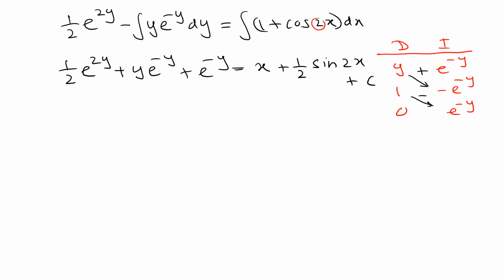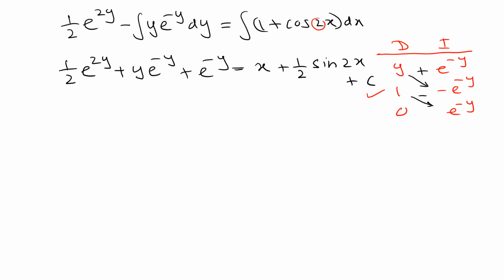Next what we do, we can multiply the whole equation. So this is the implicit solution. This is perfectly fine if you need the implicit solution. But if you need a little better one, we can do little things.